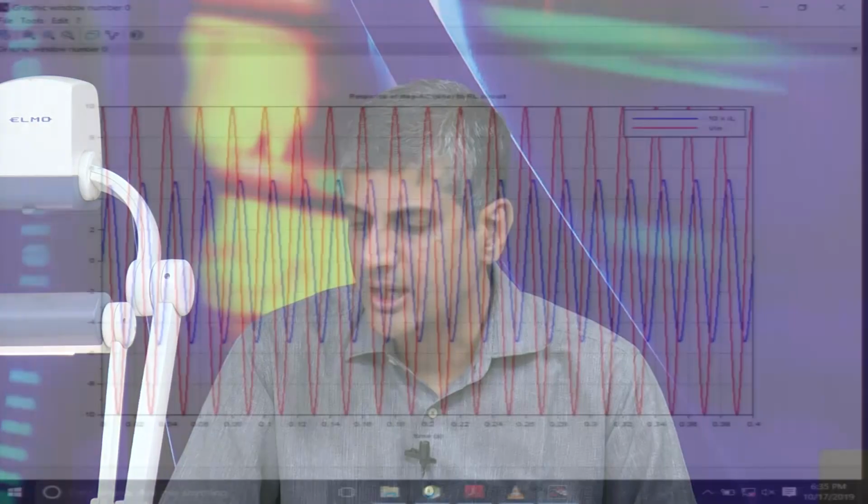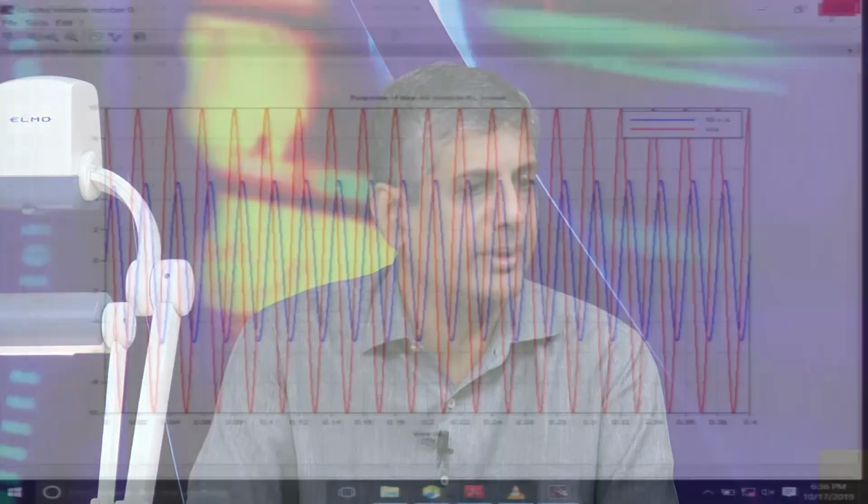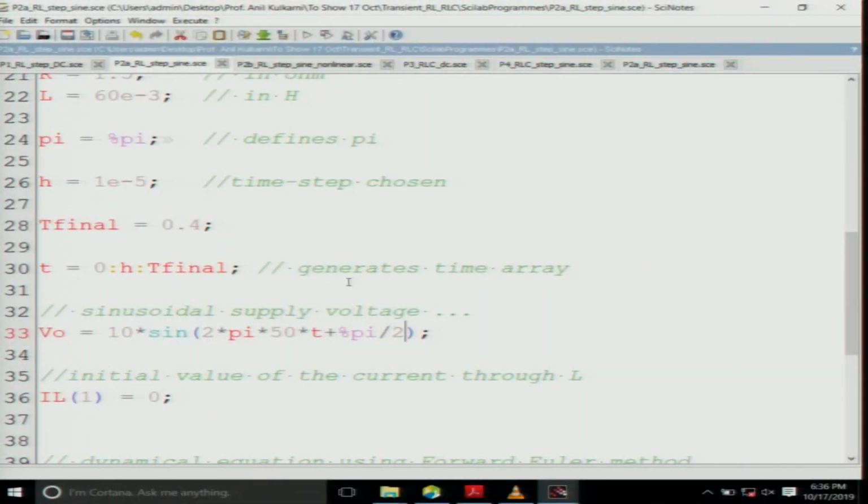If we switch on the source which is V sin omega t plus phi, where phi is omega L by R, we will have no natural transient. So we can actually control the natural transient by the instant at which we switch, which is an interesting point. In fact, it is something which is used in power systems when we want to reduce the natural transients associated with switching.